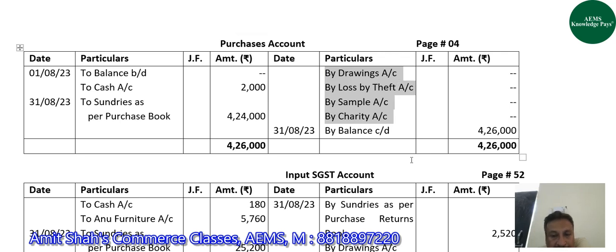But in our question, none of these items are there. In other questions, you may have any of these items. I have written this here just to make you understand what can come in the purchase account. We do not have drawings, loss, charity, sample in our question, right? I hope you have understood this now, Aryan. Yes, sir.